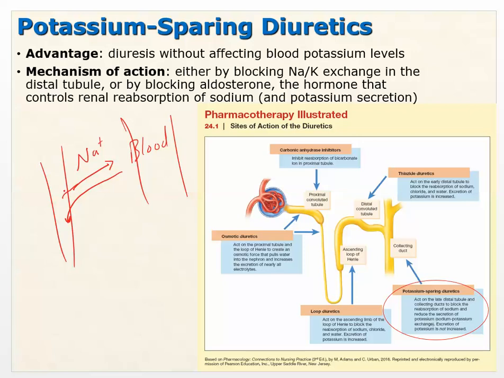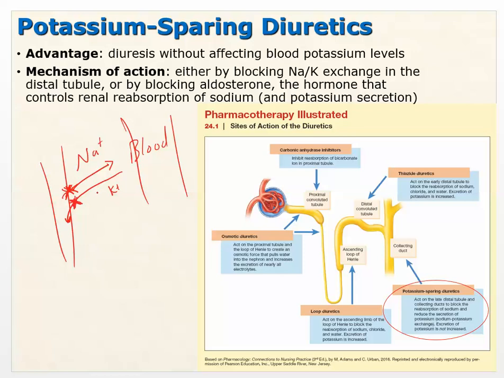That's normally what takes place when everything is happening naturally. But if we block this exchanger, it's the sodium-potassium pump, that's all it is, then we block sodium from moving out and we block potassium from being excreted. I hope that makes sense.